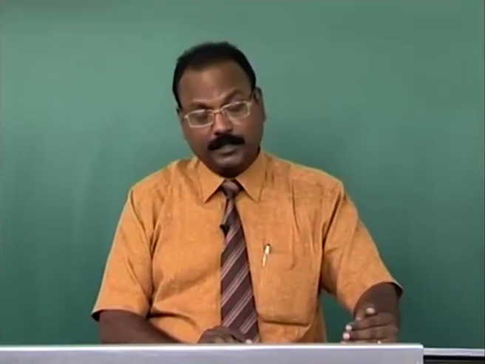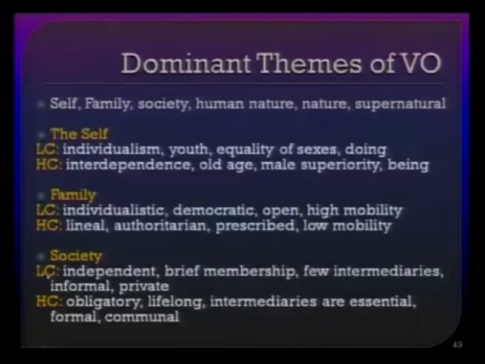In terms of society as such, in low context culture, the dominant themes and the value orientations associated with those dominant themes are independent: the society itself is independent, brief membership, few intermediaries.